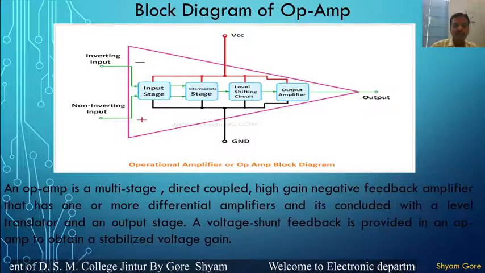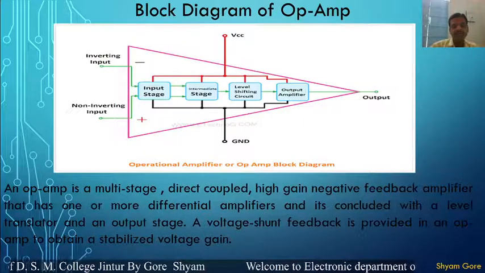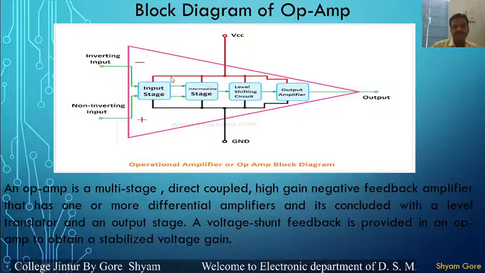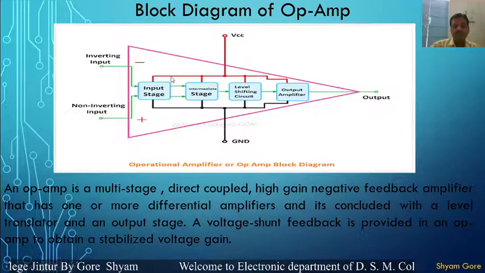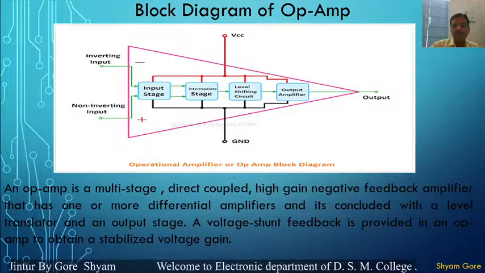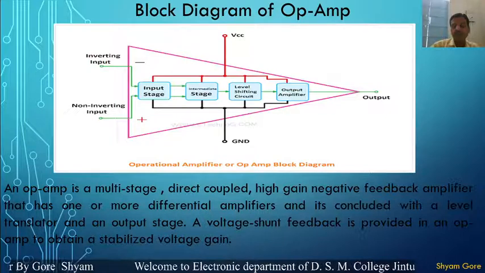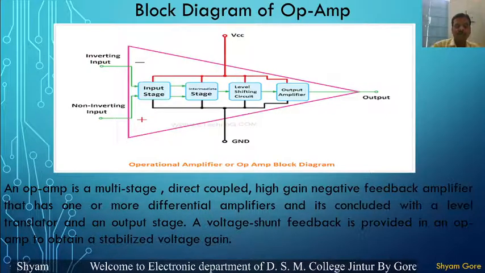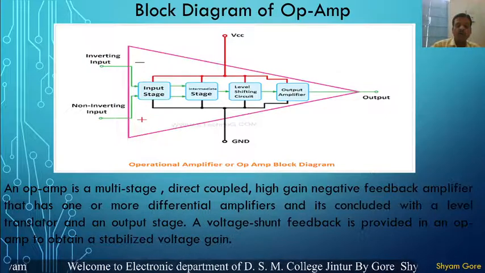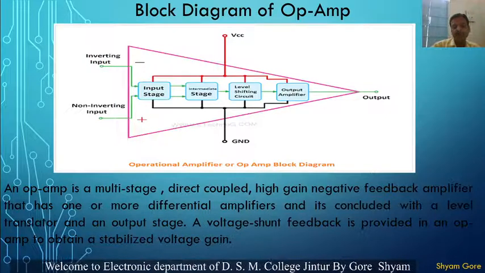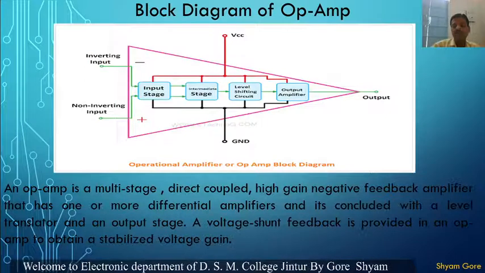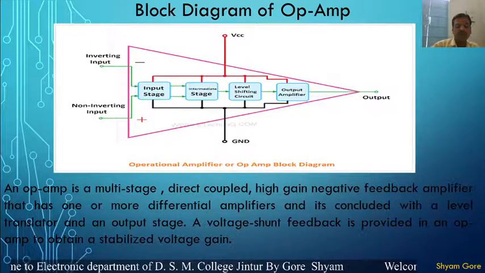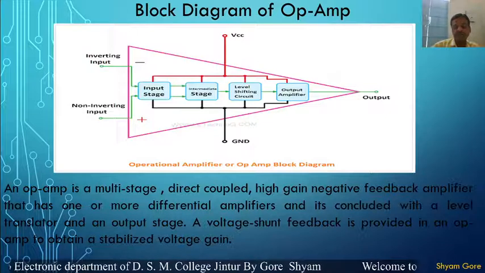The operational amplifier is a multi-stage amplifier. It is a direct coupled, high gain, negative feedback amplifier, and it has one or more difference amplifiers, concluded with the level translator and output stage.